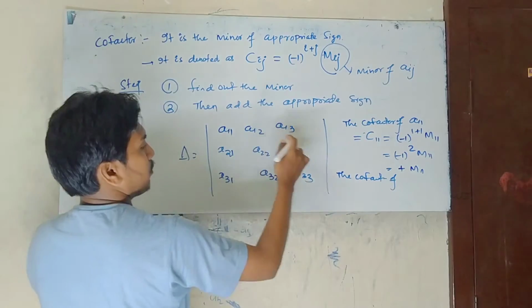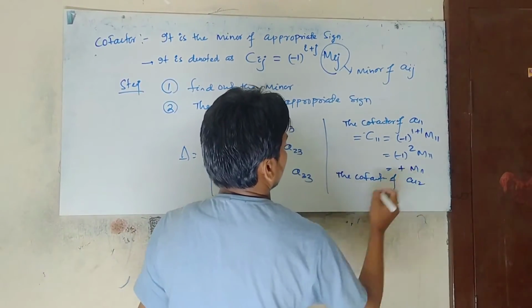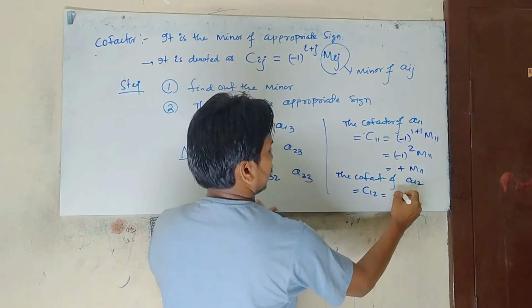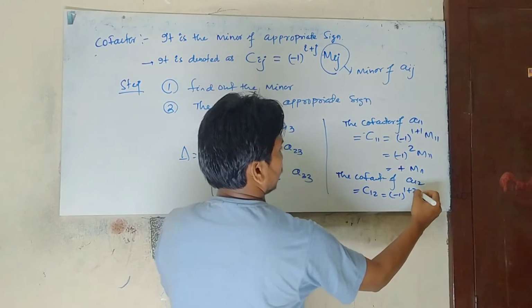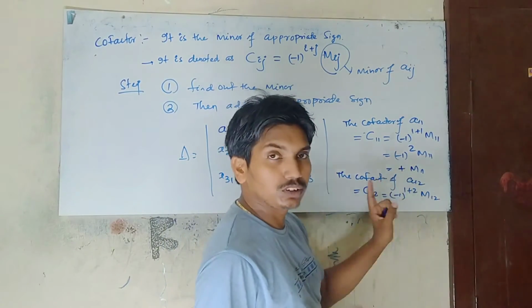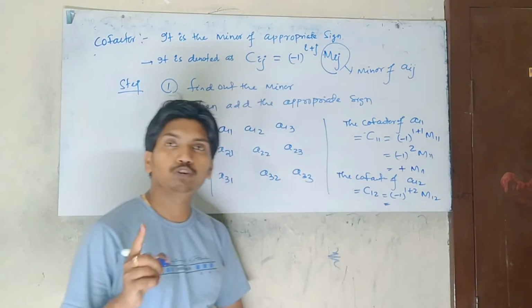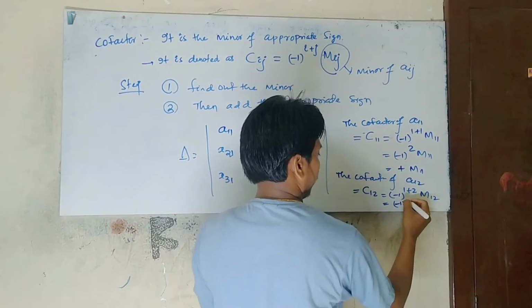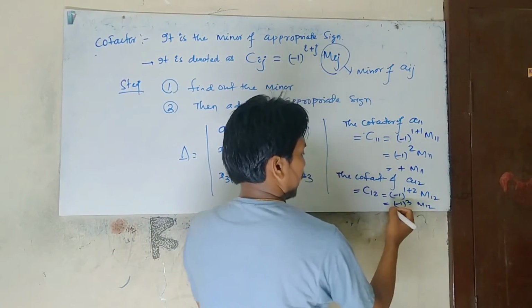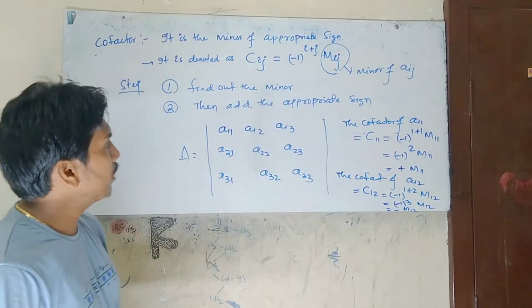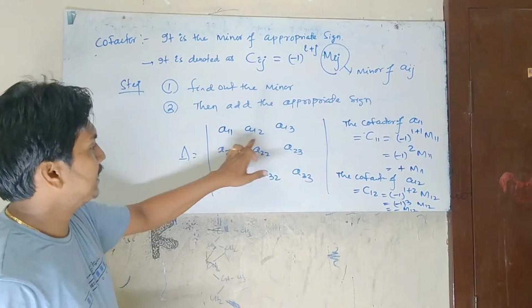next element A12? That is C12, which is (-1) to the power (1 plus 2) and M12, and 1 plus 2 is 3, and (-1) to the power 3 is minus, and that is equal to -M12. Like that you can find out its sign, its sign, its sign.